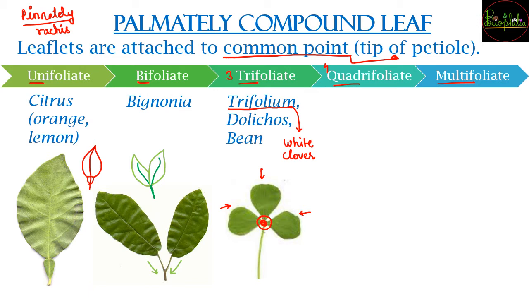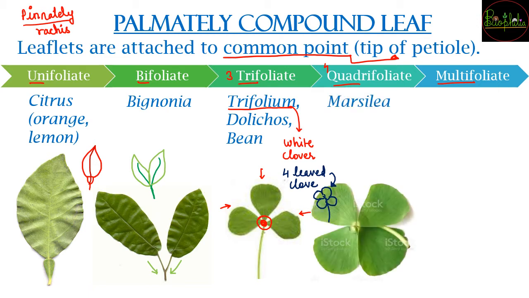If you find a four-leaved clover, it is considered that you are lucky, because very rarely are you going to find four leaves attached at a single point. If a four-leafed clover is seen, they say you are lucky, and that four-leafed clover is nothing but going to be our next type, that is quadrifoliate.